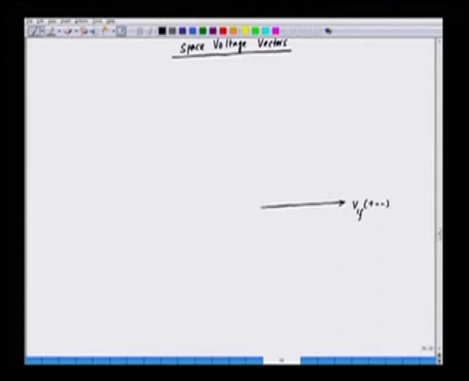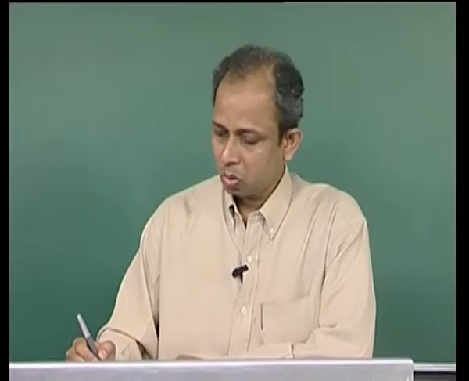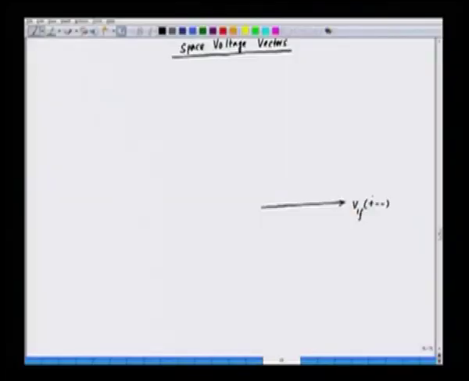So, this plus corresponds to phase A, minus corresponds to phase B, and this corresponds to phase C. So, we show it in the same phase sequence, plus, minus, minus. So, when we apply plus, minus, minus, the voltage vector is in this direction.